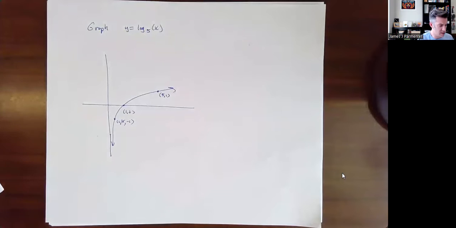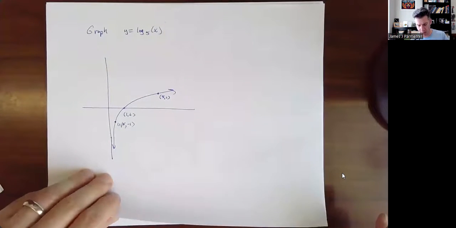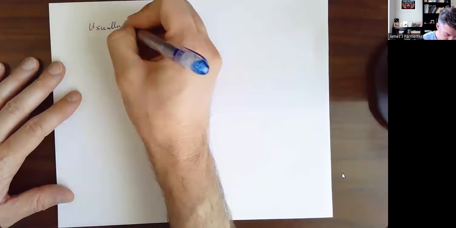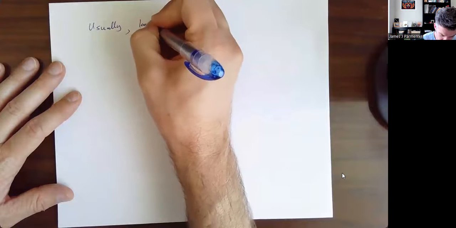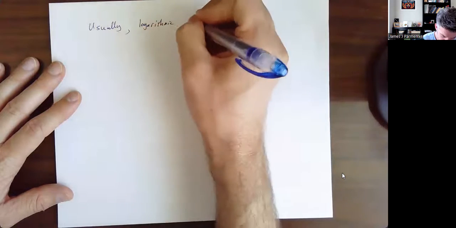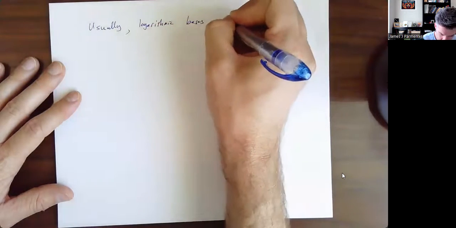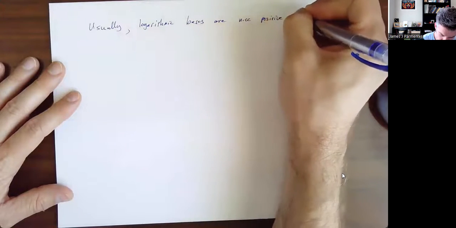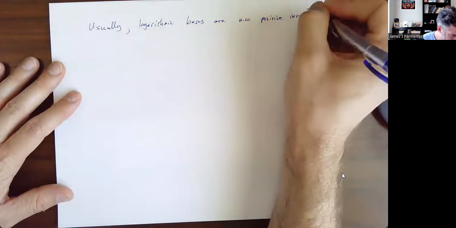Oh, yeah. Just a quick aside, which is kind of funky. You can skip or ignore this part if it bothers you. Usually logarithmic bases are nice positive integers, or e.